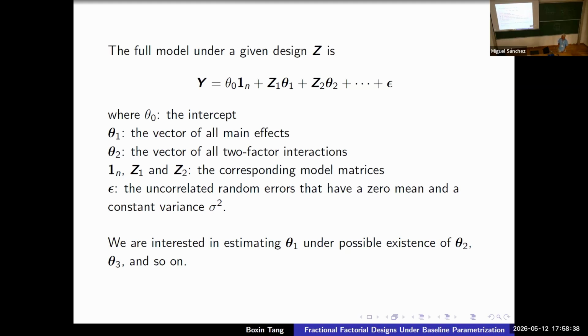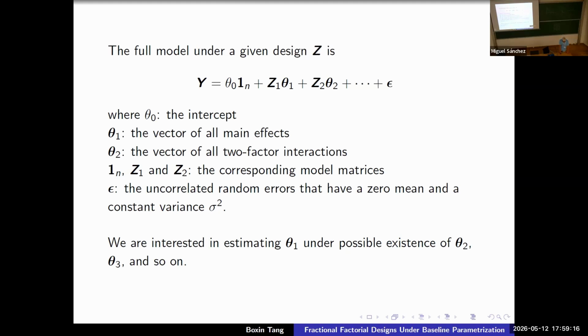Z1 is the corresponding model matrix for main effects. Z2 is the corresponding model matrix for the 2-factor interactions. For design people, we prefer all these model matrices rather than the design matrix. The design matrix is the design. Depending on the different model you're fitting, you have different things. And this epsilon represents the uncorrelated random error with zero mean and constant variance.